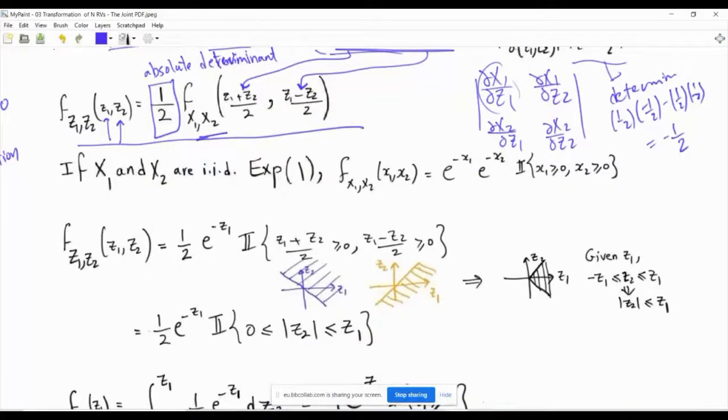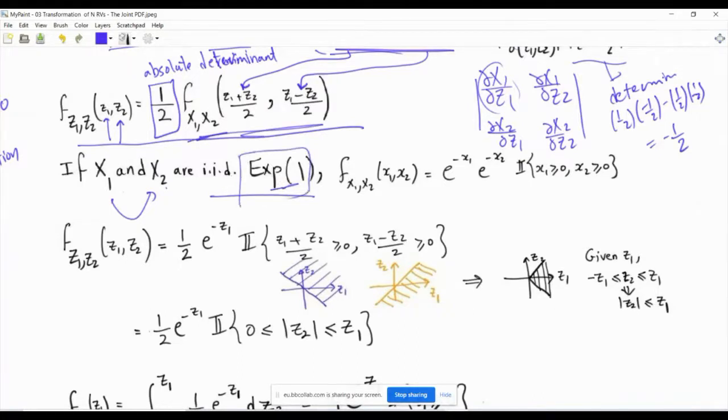Okay, this is the general solution. Can you solve this general case for a specific case? What if x1 and x2 are IID exponential 1? Then what you need to do is just substitution, right? So if x1 and x2 are IID exponential 1, what is the joint distribution?